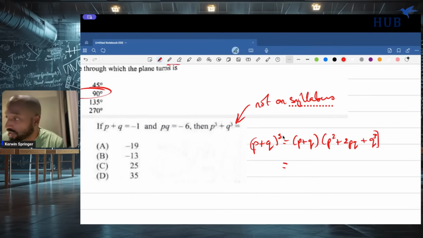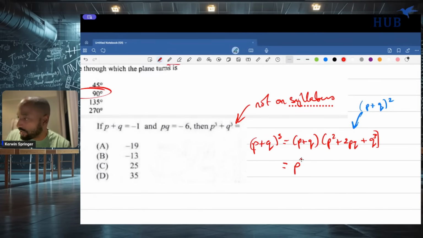P plus Q cubed is P plus Q by P plus Q squared. Now, if this comes, well, at least you know it, but it's not really supposed to come because this kind of expansion is a little extra.